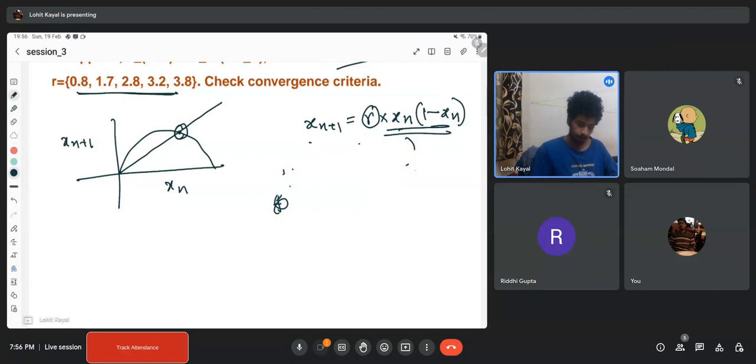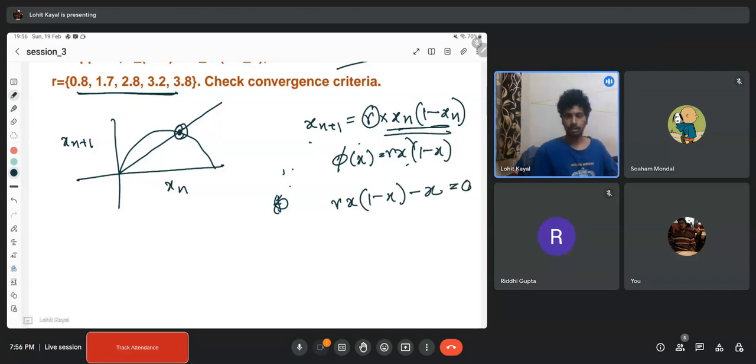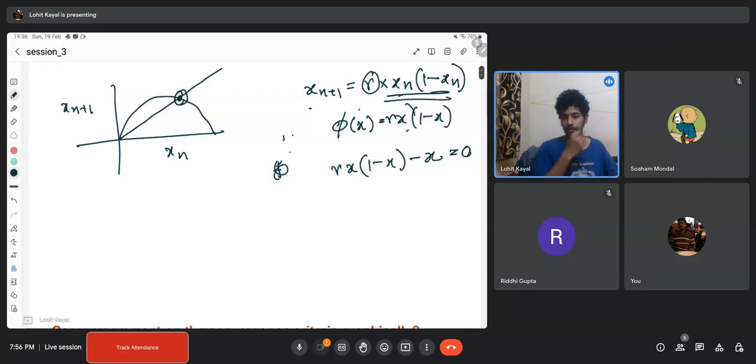Suppose this is my phi of x equal to r x (1 minus x). If I want to find the root, it will be r into x into (1 minus x) minus x equal to 0. So solving this quadratic equation, I will be able to find the roots.